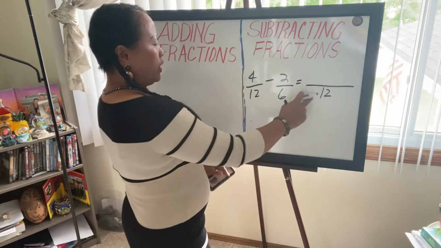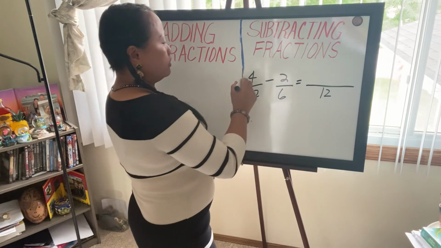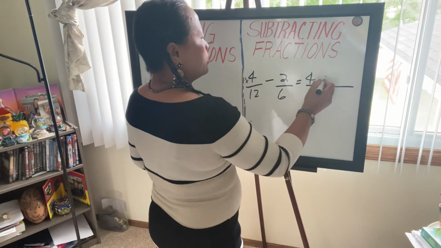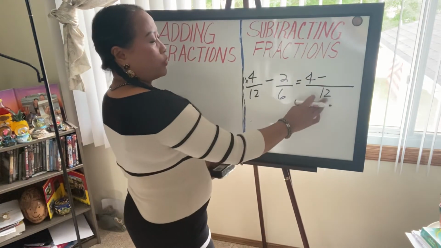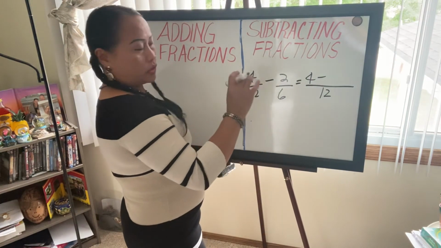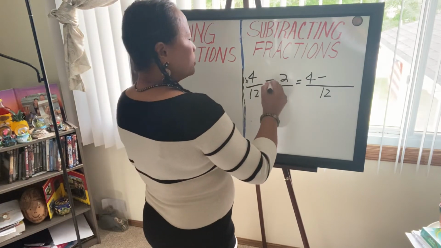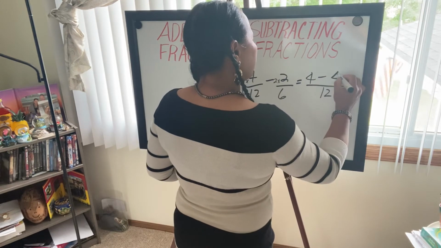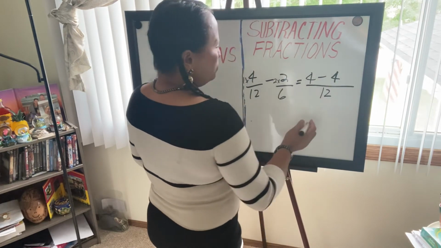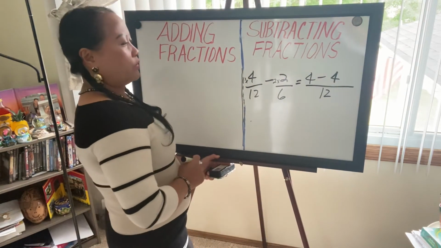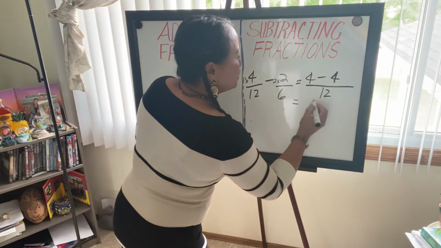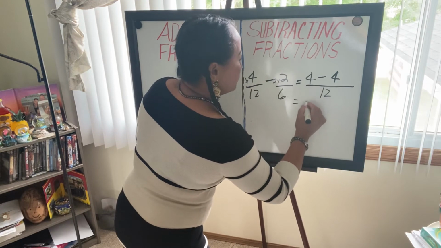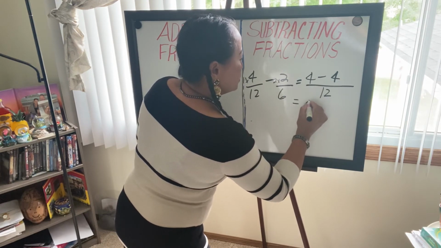Okay? 12 by 12, 1. 1 times 4 equals 4, minus 12 by 6 equals 2. 2 times 2 equals 4. Now, look at that, 4 minus 4 equals 0.